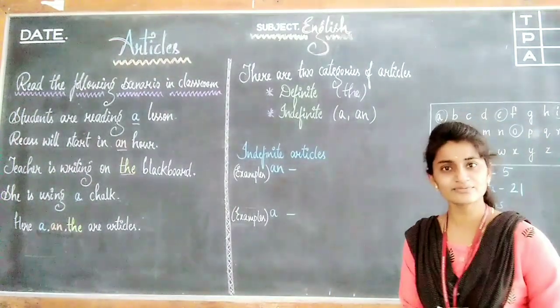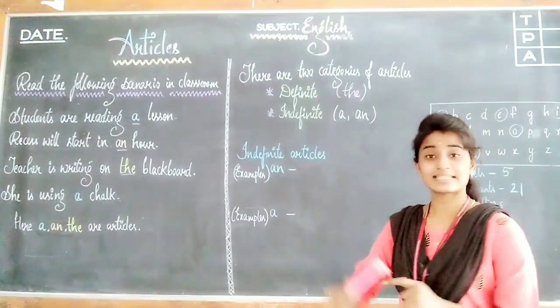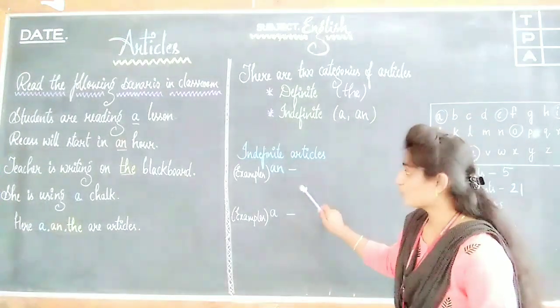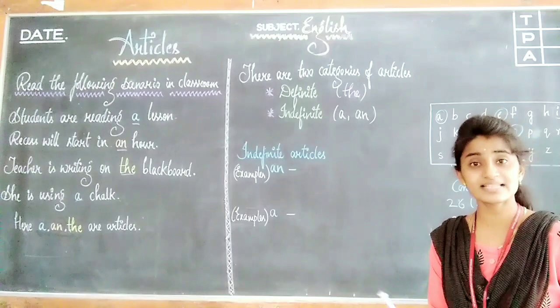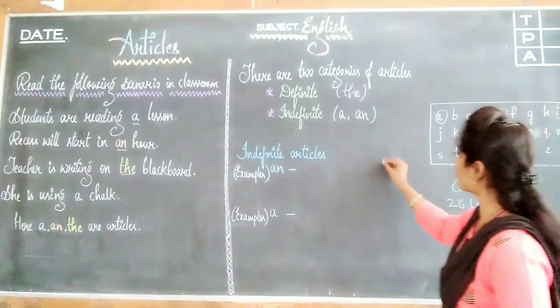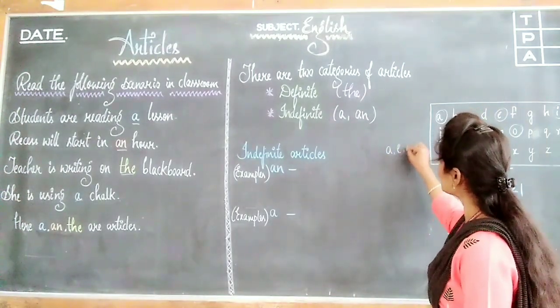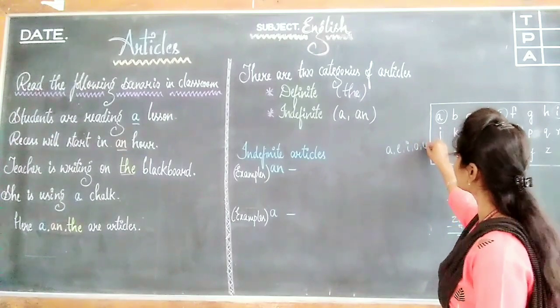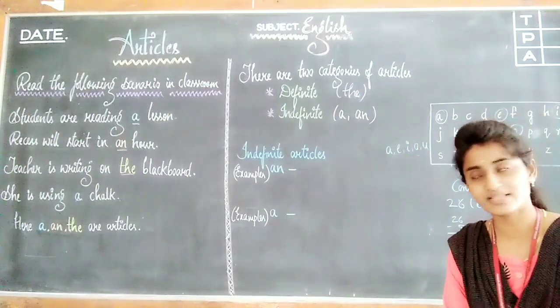Is only this enough? No. An is an article used before a vowel sound. So what are the vowels? We have already said A, E, I, O, U. These are the 5 vowels.